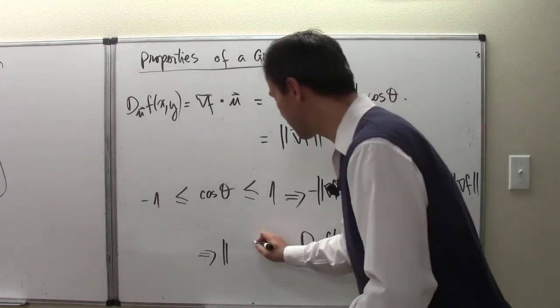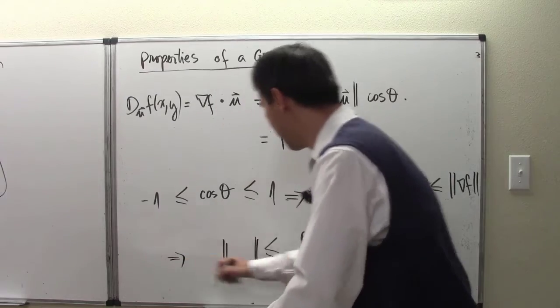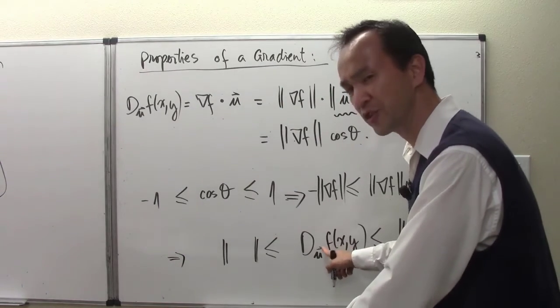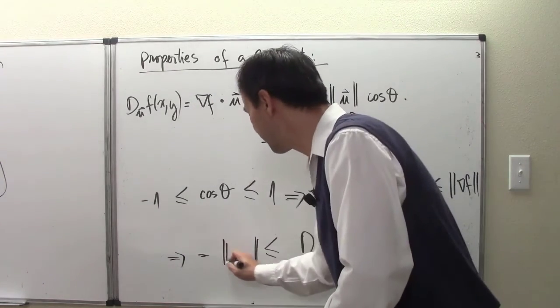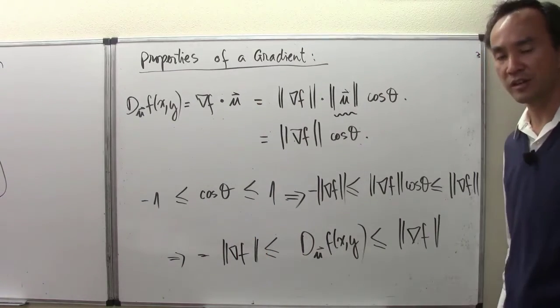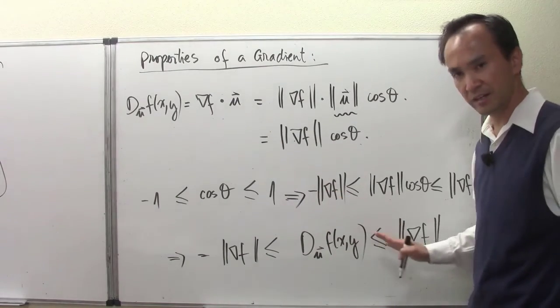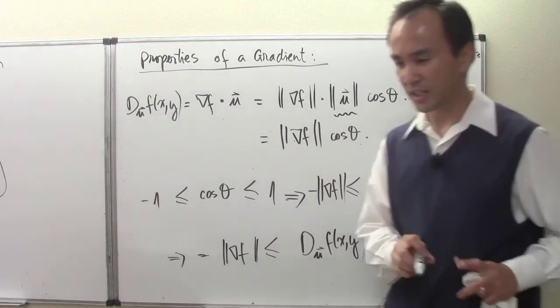And the lowest value that the directional derivative can get is the negative of the magnitude of the gradient vector. This relationship is now going to give me the following conclusion.